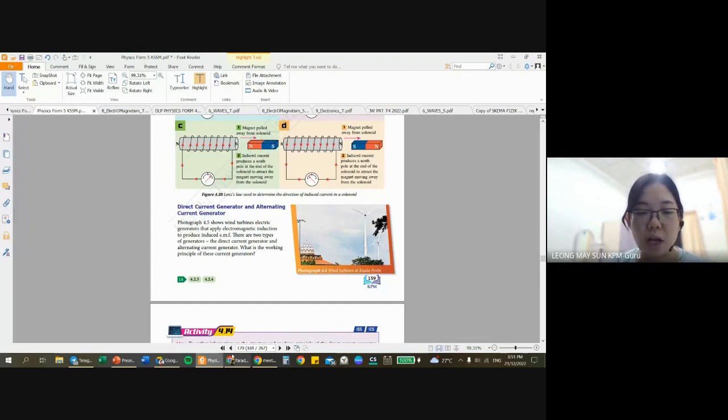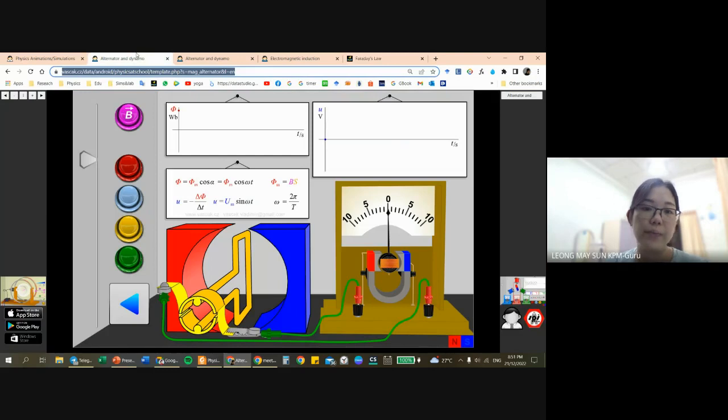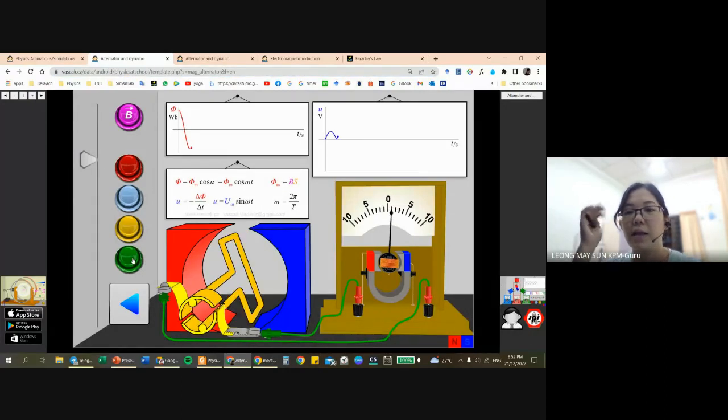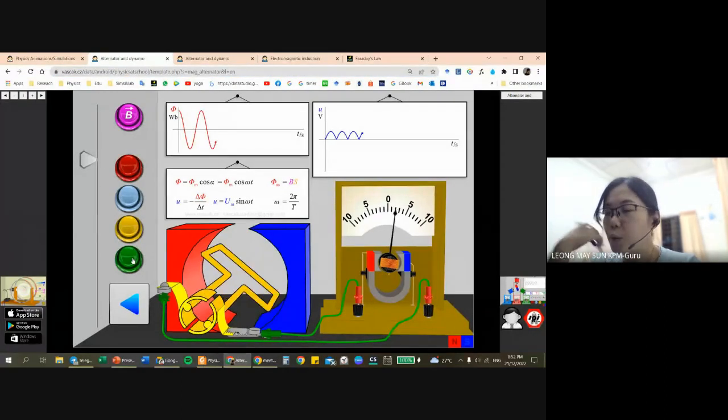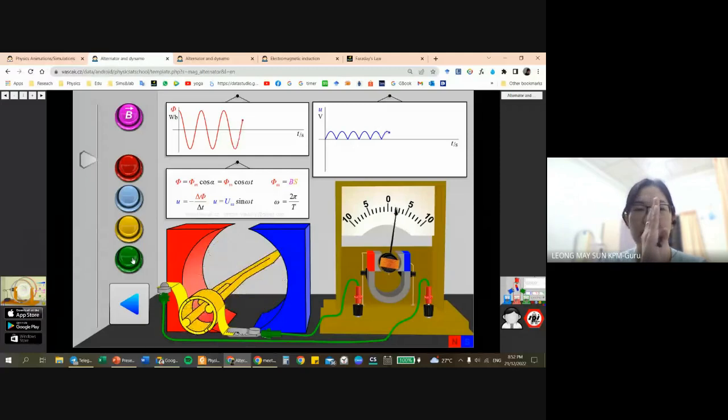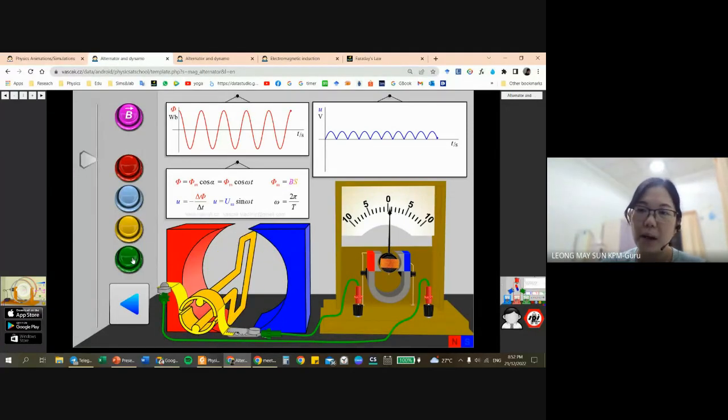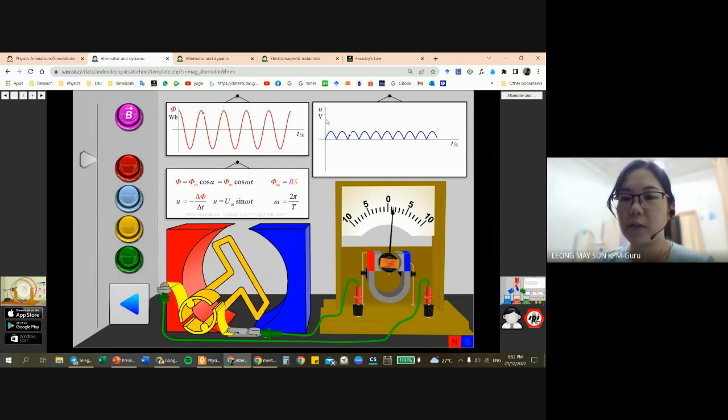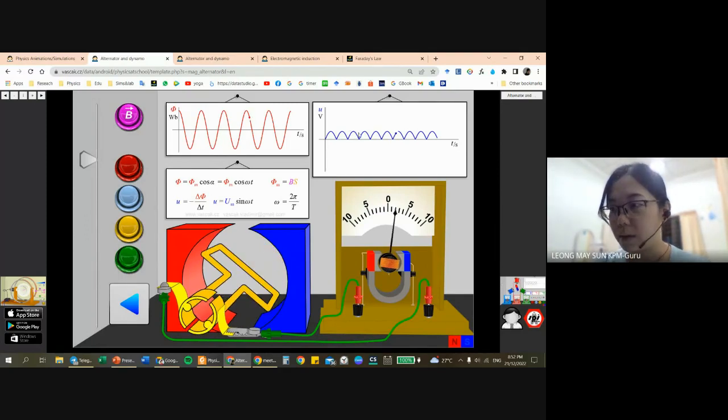When we want to generate electricity, what I want you to see is that when I press the green button, look at the potential difference and look at the galvanometer. You would notice one thing: the galvanometer keeps on bouncing towards the right. And when it bounces towards the right, the potential difference, the current that is being produced, is always positive.